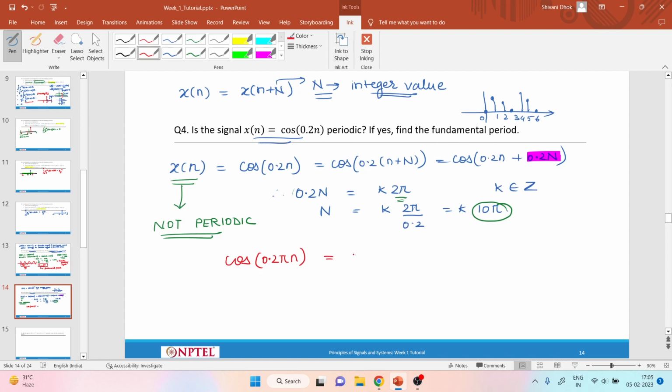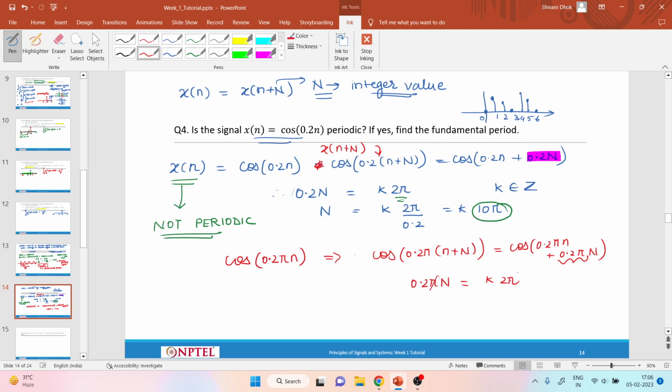To check the periodicity, I'll take cos of 0.2 pi (n plus capital N), which will be equal to cos 0.2 pi n plus 0.2 pi capital N. Now if we look at this, 0.2 pi capital N should be equal to some integer multiple of 2 pi.